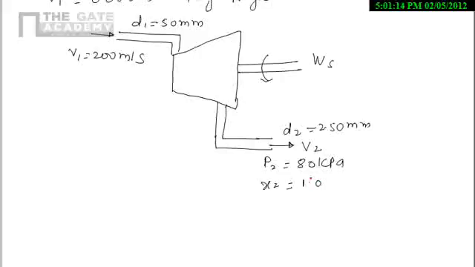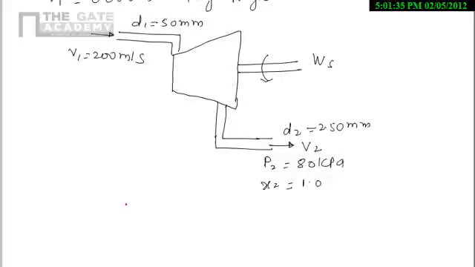That is 1. So now we have to apply, because we know that a turbine is nothing but a steady flow energy system. So we can apply the steady flow energy equation, and in this equation we have to neglect the kinetic energy and potential energy.